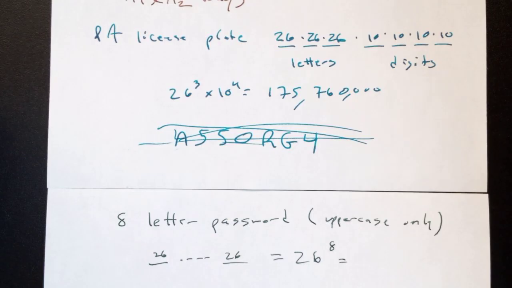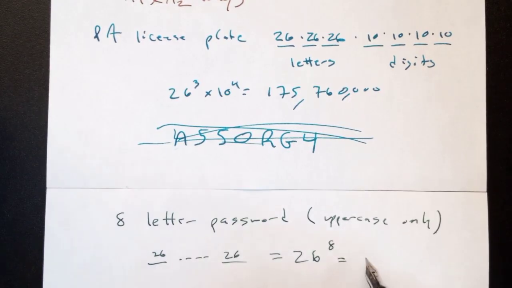What's 26 to the 8th? Jacob? Bounding, it's 2.09 times 10 to the 11. So let's see. Million is 10 to the 6th. Billion is 10 to the 9th. So that's 209 billion passwords.